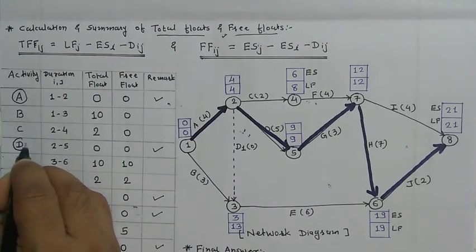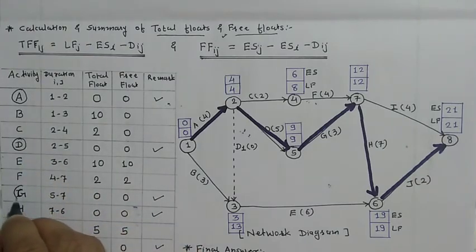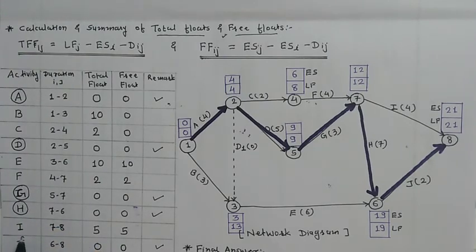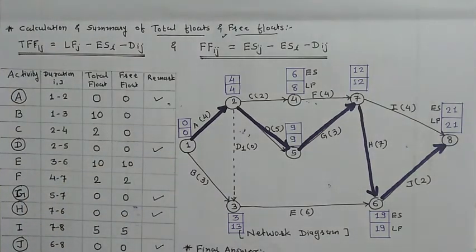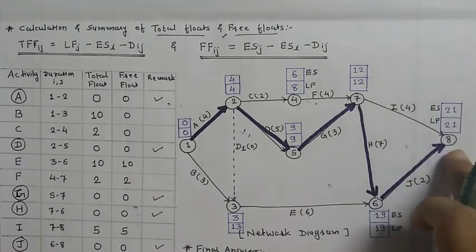Activity D, activity G, activity H, and activity J. So this is nothing but our critical path, activities A, D, G, H, and J. So please keep in mind, for the critical path, both the total float and free float values are 0. So our critical path is A, D, G, H, J, and the project completion time is 21 weeks.